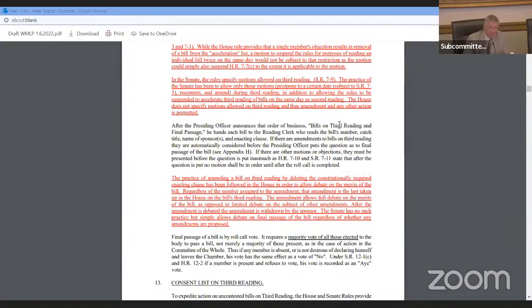The Senate doesn't follow a delete the enacting clause provision. The Senate just allows debate on 3rd reading, even if the bill has no amendment. And that's actually the reason behind the delete the enacting clause, Mr. Chairman, in the House. There's a rule that says there's no debate on the bill unless the bill has amendments. And so that's the amendment, and that's the practice that's been developed in the House.